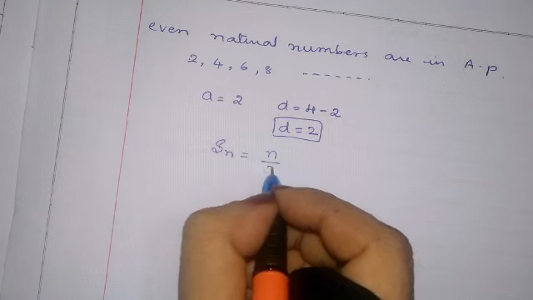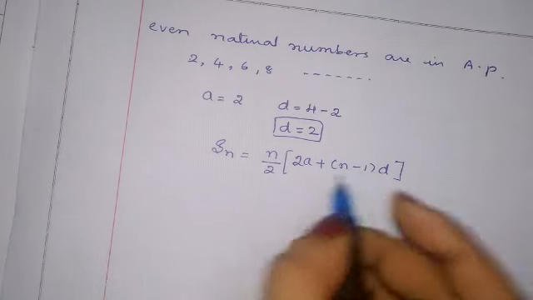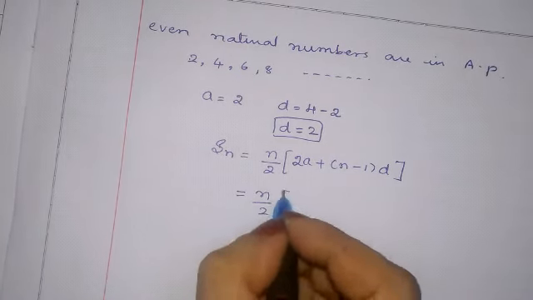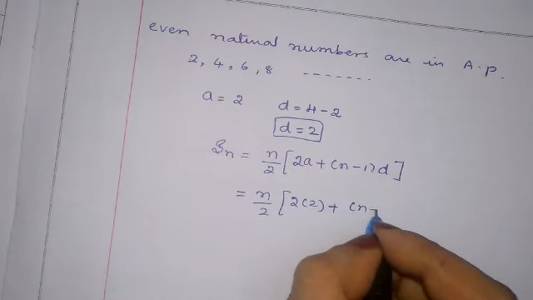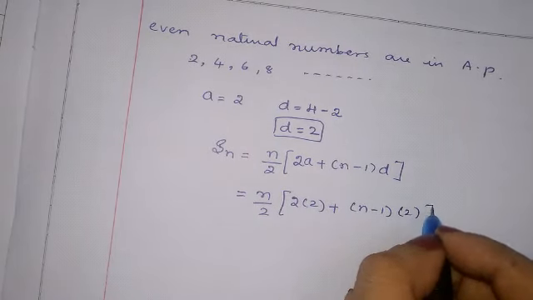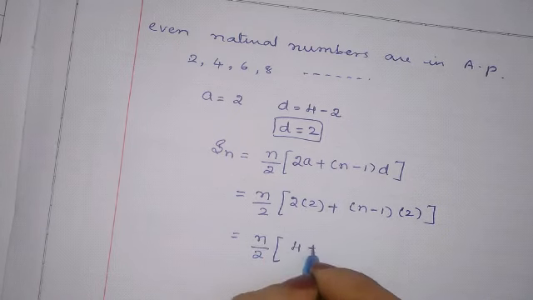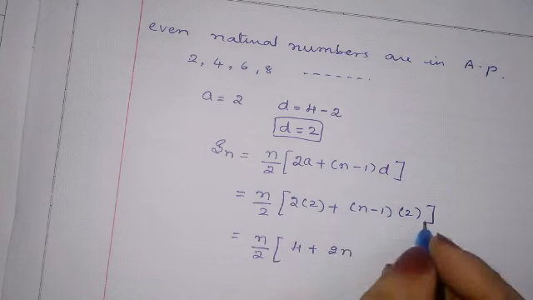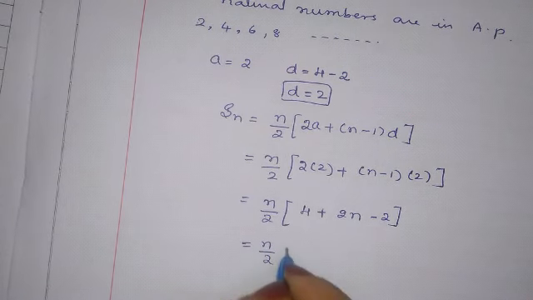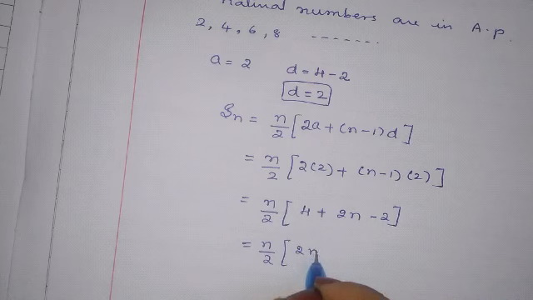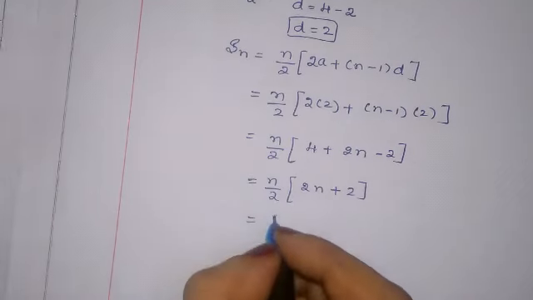The formula is Sn is equal to n by 2 into 2a plus n minus 1 d. So n by 2 as it is, 2 into a value is 2, plus n minus 1 into d value, which is also 2. n by 2, 2 2s are 4, plus 2 into n is 2n, minus 2 1s are 2. n by 2, I'll write 2n first, then 4 minus 2 is 2.